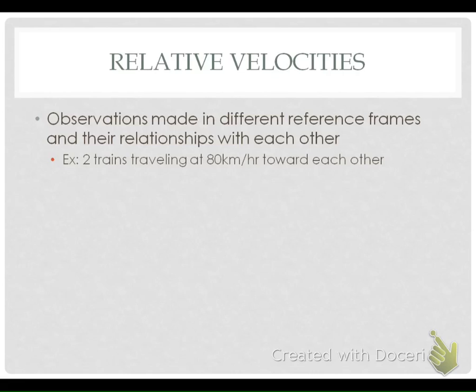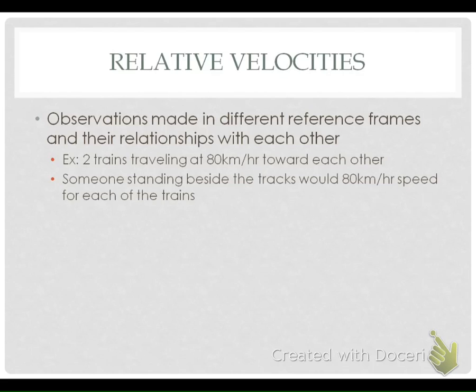So we're going to look at an example of two trains traveling towards each other at 80 kilometers per hour. Or two objects, doesn't necessarily have to be a train, okay? Two objects traveling towards each other at 80 kilometers per hour. If I'm standing beside the tracks and I see both of these trains, they both look like they're traveling 80 kilometers per hour because I'm standing still.